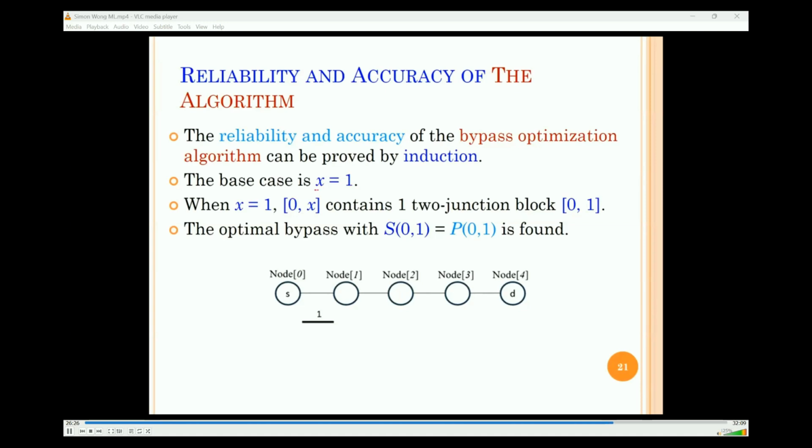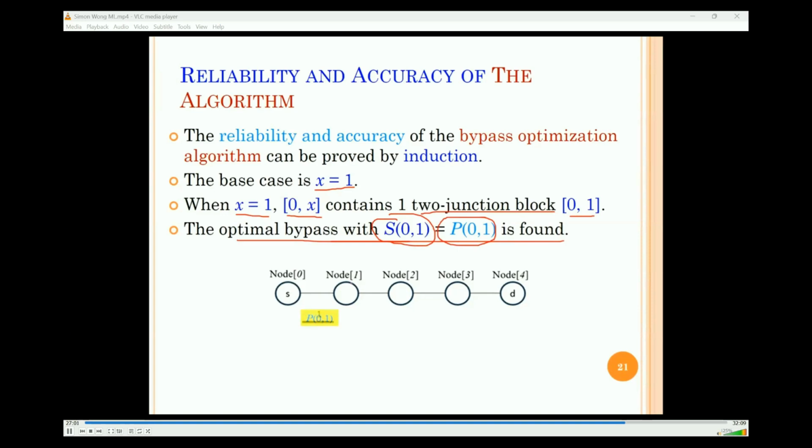When x is equal to 1, we want to find the optimal bypass between log 0 and log x, which contains the two junction block 0, 1. So the optimal bypass with this is 1. The availability for this is the highest availability between log 0 and log 1.